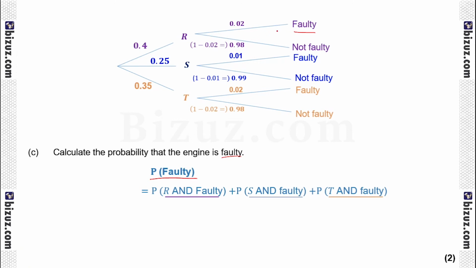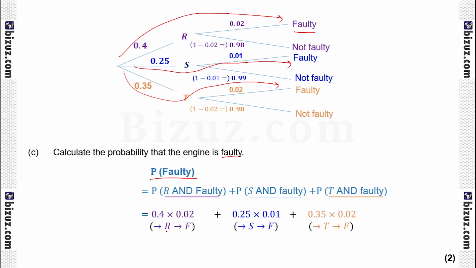As you can see, there are multiple locations. So one way is you go through R and then faulty, or you go through S and then faulty, or you go through T and then faulty.